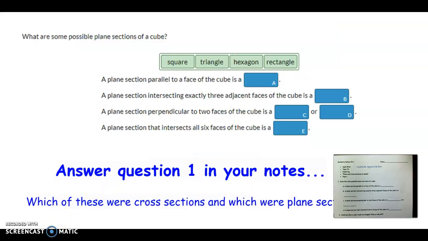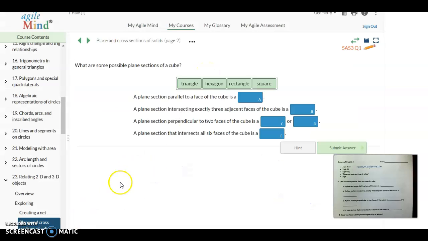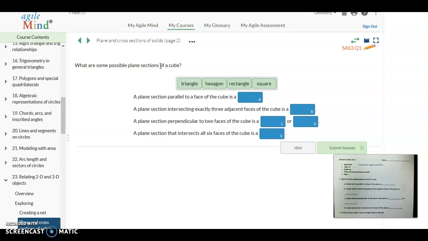Okay, so let's look at question 1 in our notes. We're looking at the possible plane sections of a cube. You just tried these on the animation, so let's see how we did. The first one says a plane section that's parallel to the face of a cube.